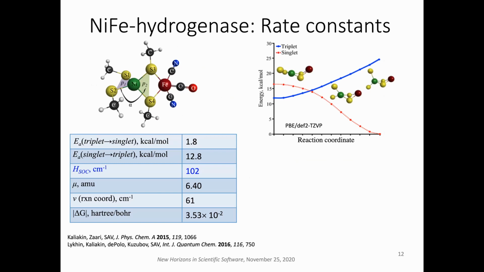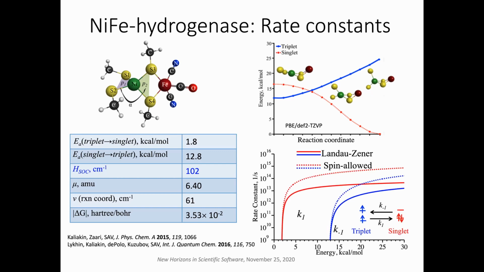So we did a calculation with our code. On the left in the table is an example of parameters which go into the code from electronic structure calculation, like spin-orbit coupling, gradients, the reduced masses, and so on. This is the type of rate constant plots you can get from the code.